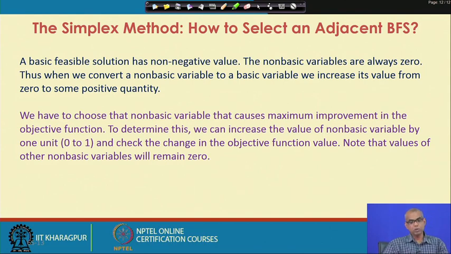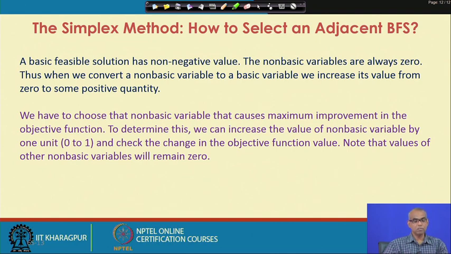A basic feasible solution has non-negative values. So, a basic feasible solution is always greater than or equal to 0. The non-basic variables are always 0. Thus, when you convert a non-basic variable to a basic variable, we increase its value from 0 to some positive quantity.